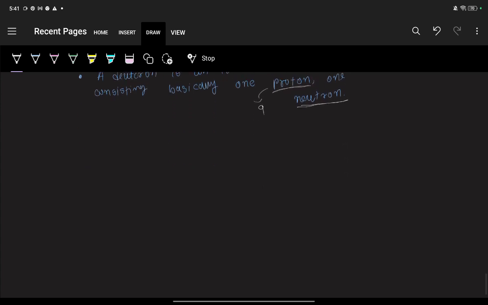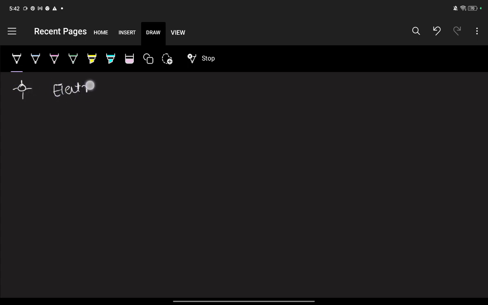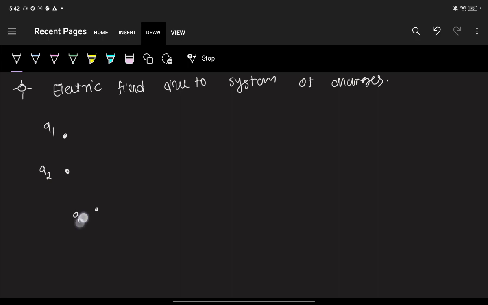Okay. Let's talk about electric field due to a system of charges. Let's say there are these three charges Q1, Q2, and Q3.